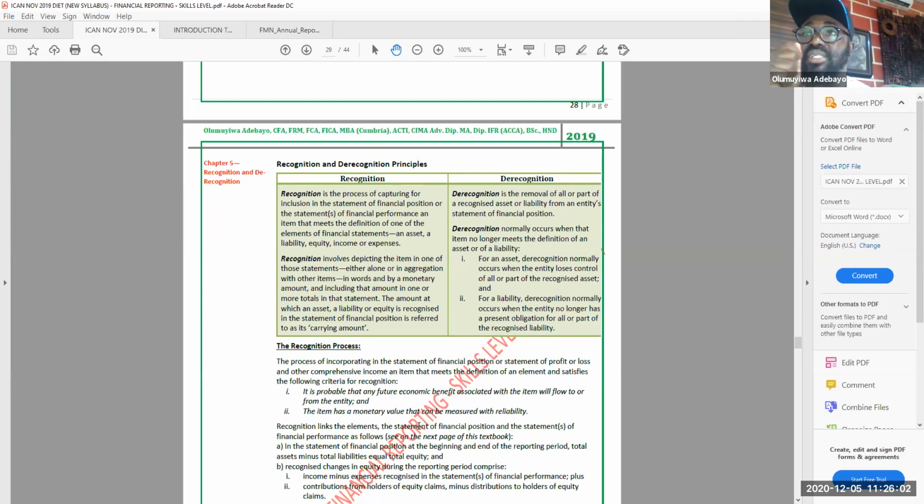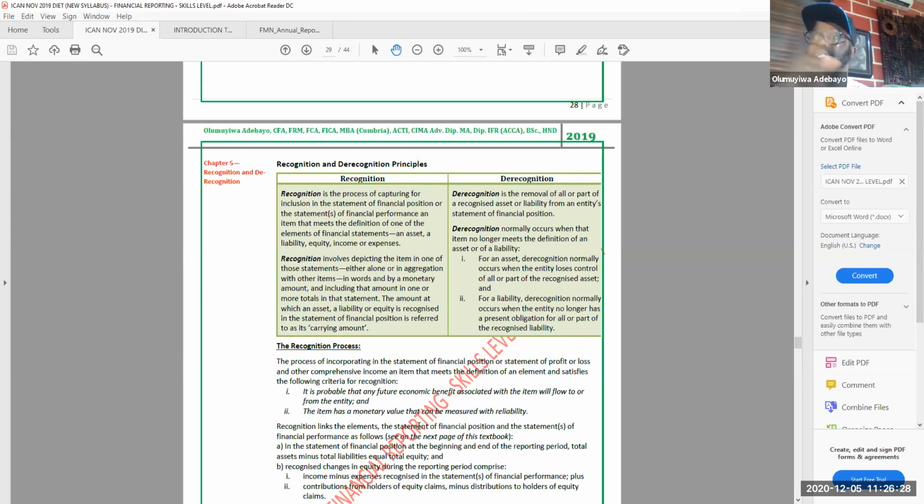Recognition is a process of capturing for inclusion in your statement of financial position or in your statement of financial performance any item that meets the definition of any of the elements, be it an asset, a liability, an expense, an income, or equity.